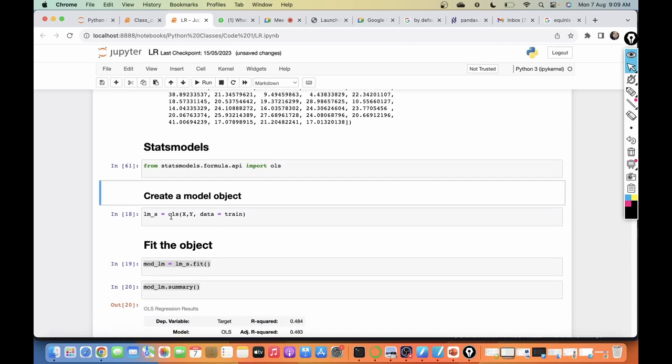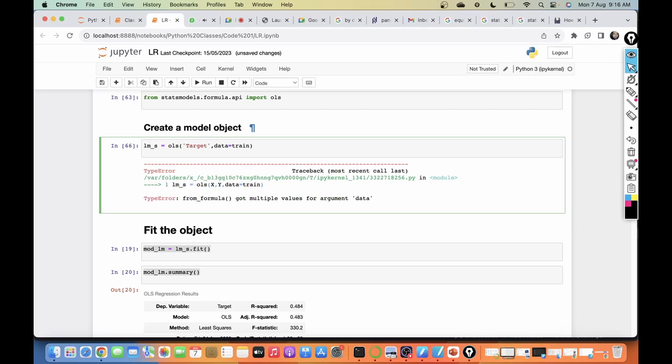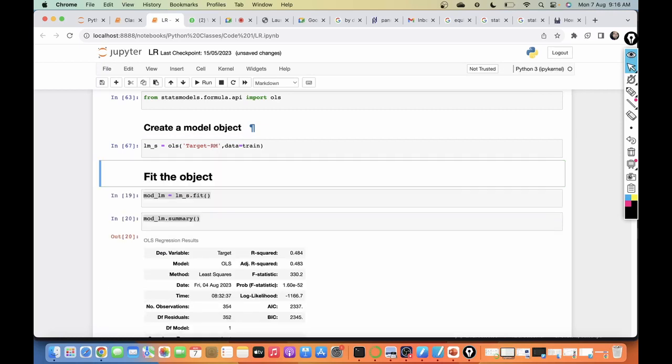So in this OLS method, basically how do we provide the values?